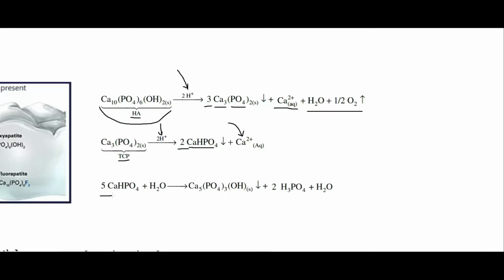Then we can take 5 of those plus water and break that up into even smaller pieces and lose this phosphate here. And so the overall process is that the enamel is breaking down.